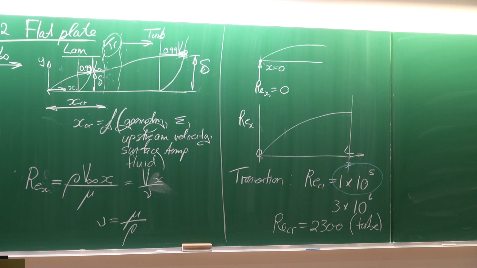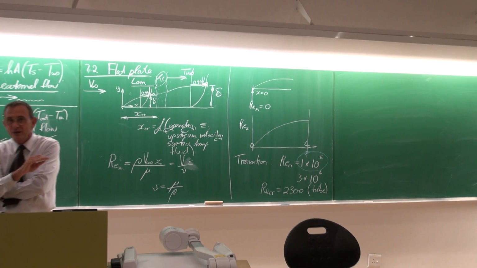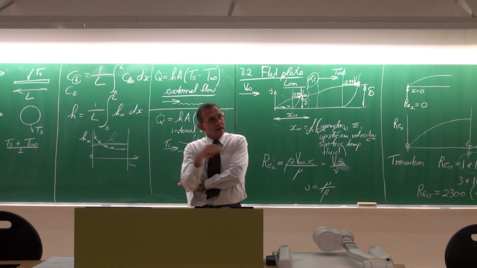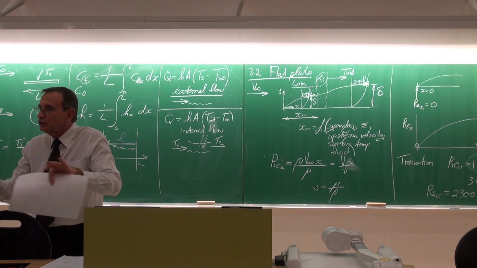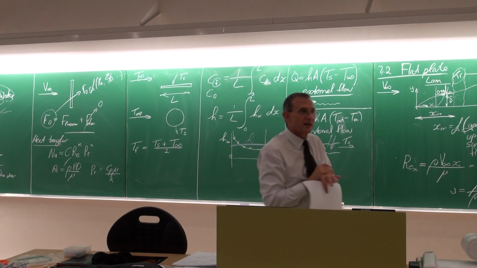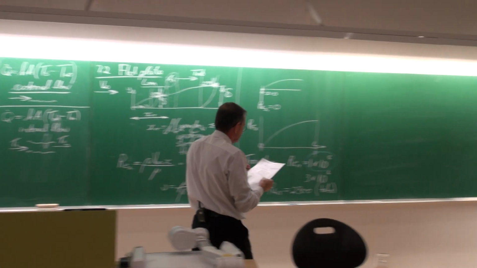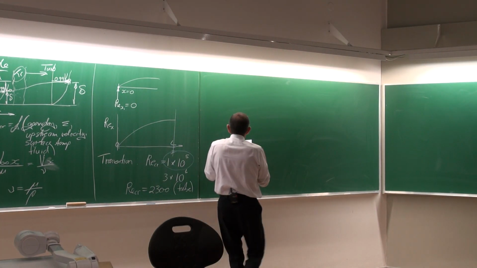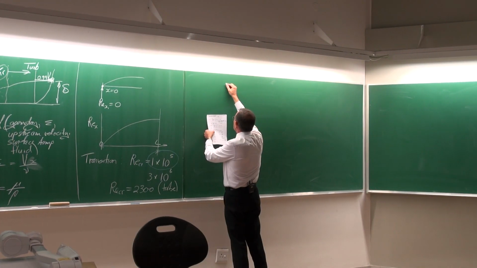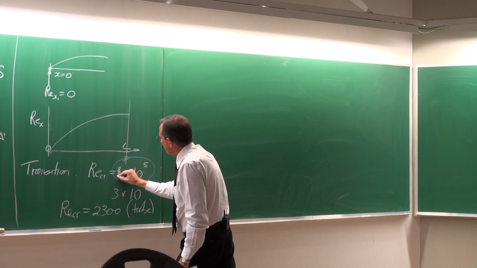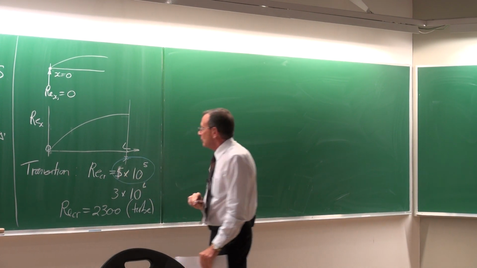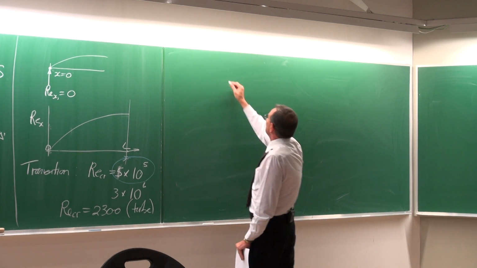And for those of you who are so privileged to have a Ferrari, and you do it with a Ferrari in the wind tunnel, and you would use a Hilux bakkie, you get two different critical Reynolds numbers. So, in general, we would use 500,000, 5 multiplied by 10 to the 5.